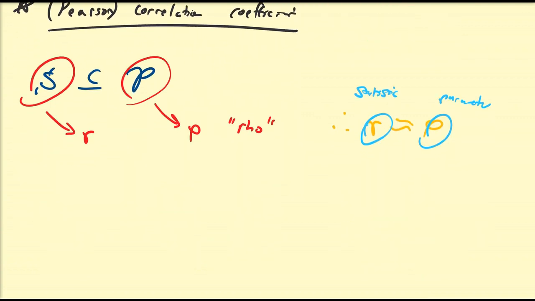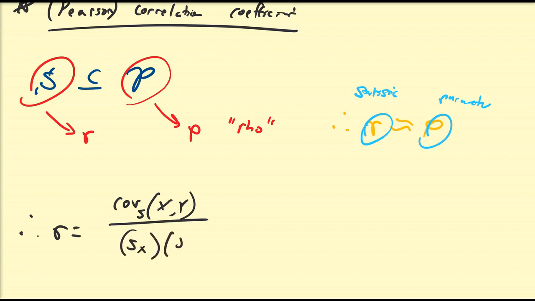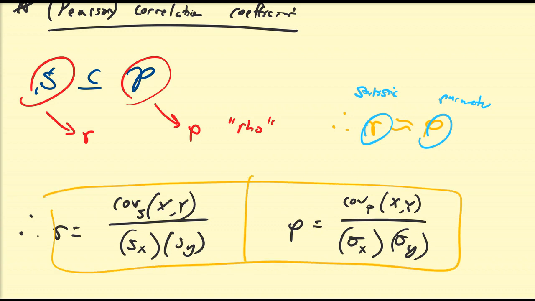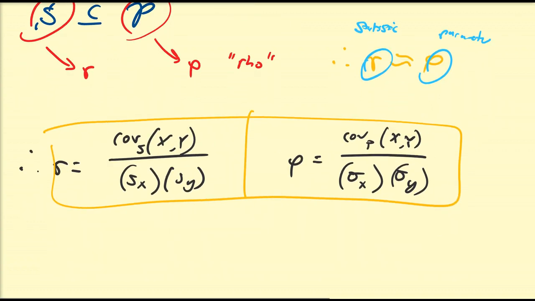To calculate the correlation coefficient, the definition is R is equal to the covariance of our sample between X and Y divided by the product of the standard deviations of X and Y. And similarly, rho is going to be equal to the covariance of the population between X and Y values divided by the standard deviation of X and the standard deviation of Y multiplied together. So these are the formulas for R and rho.